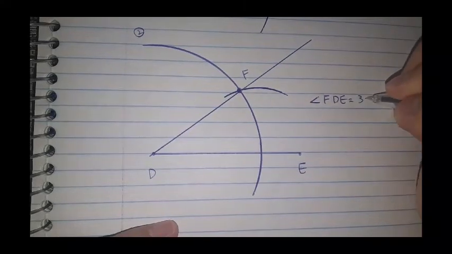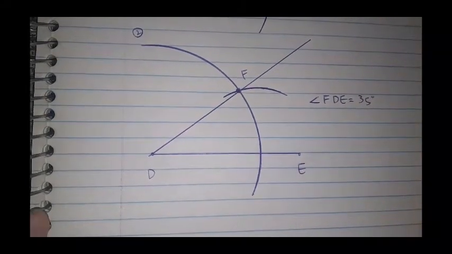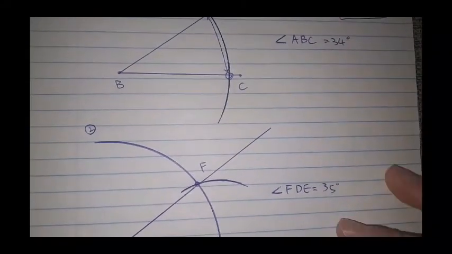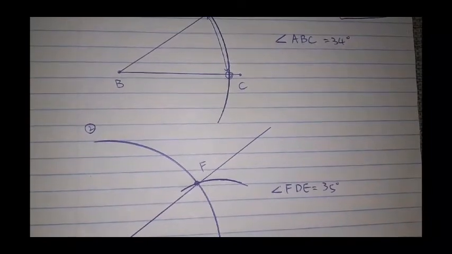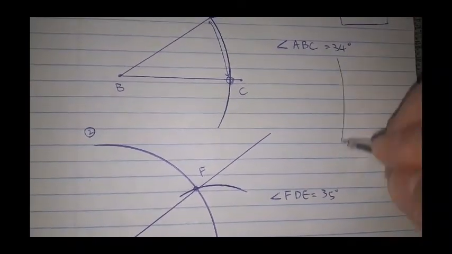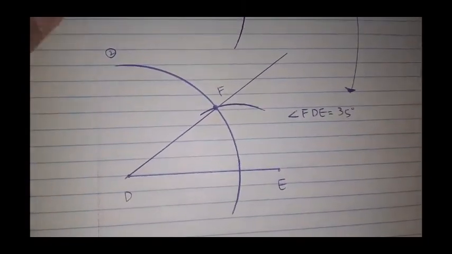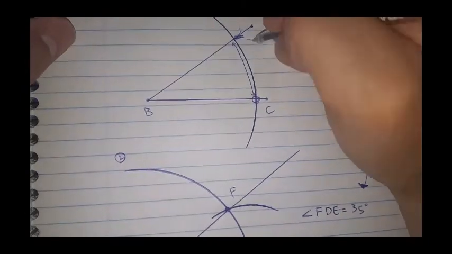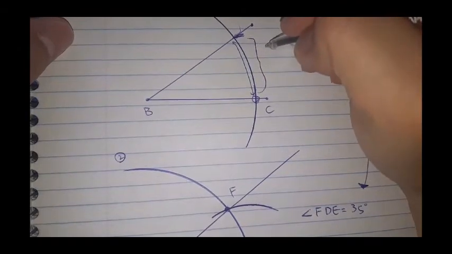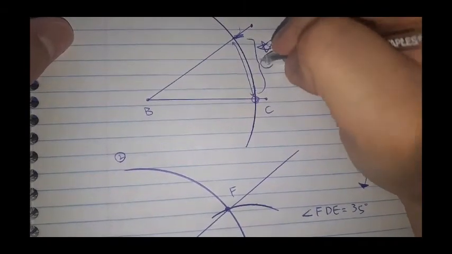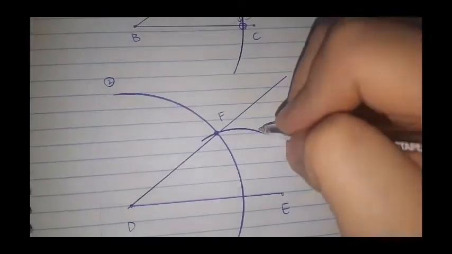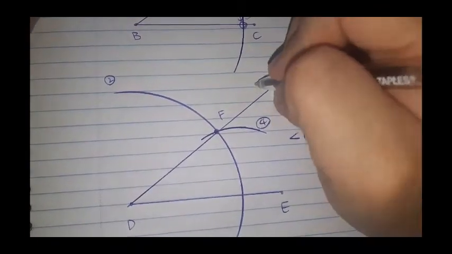FDE was 35 degrees. You may notice there's a one degree difference, and to be fair, yes, it should be 34 degrees. Probably the reason I got 35 degrees is this estimation error. So this step needs to be done very carefully, which is step number 3, step number 4, and then step number 5.